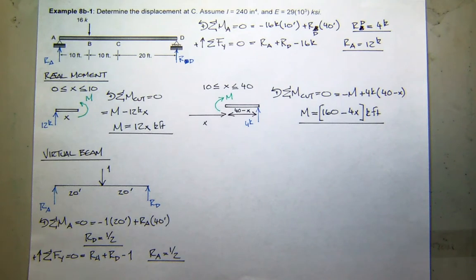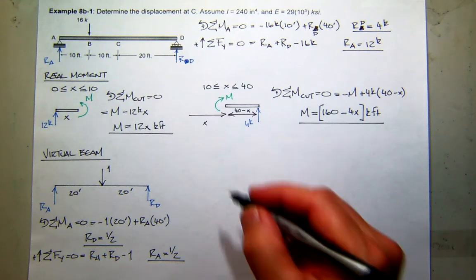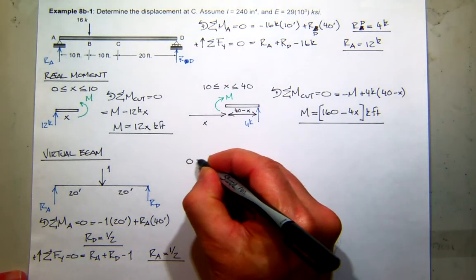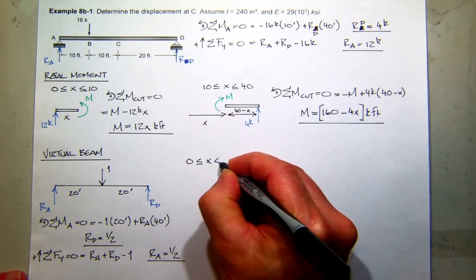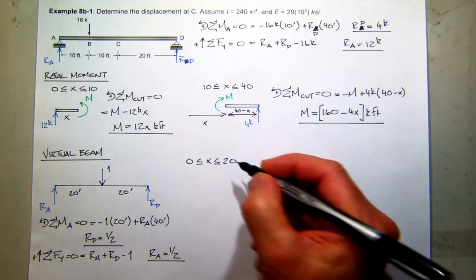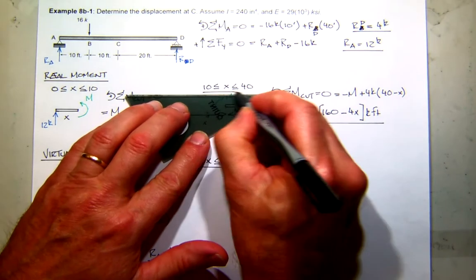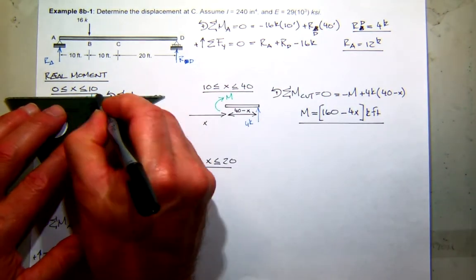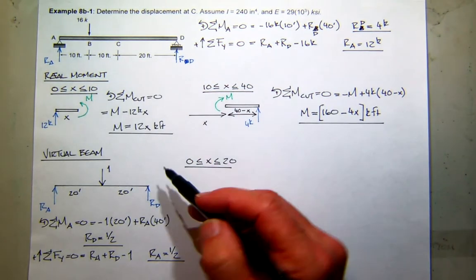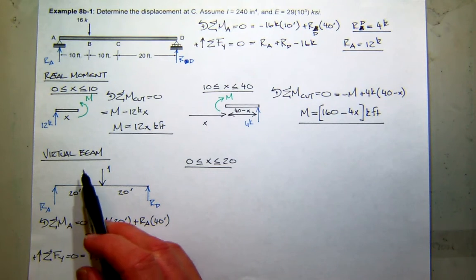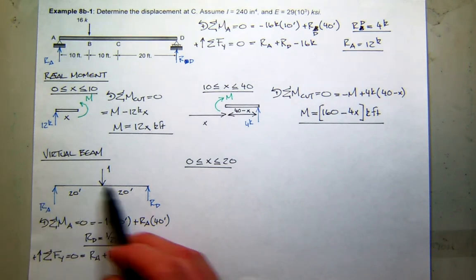Now it's time to write some moment equations. So let's write one that's good from 0 to 20. I forgot to underline these to emphasize the range, so I'll go back and just do those. So we're going to go from 0 to 20, so I'll make a cut here. Left side or right side?